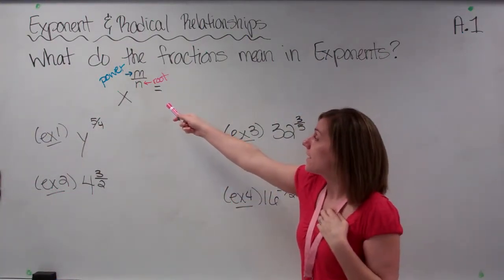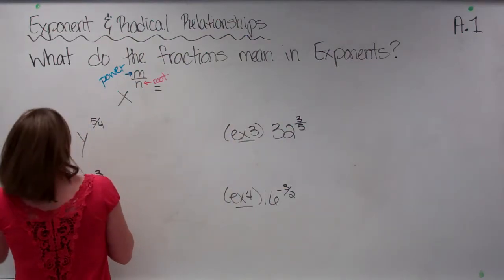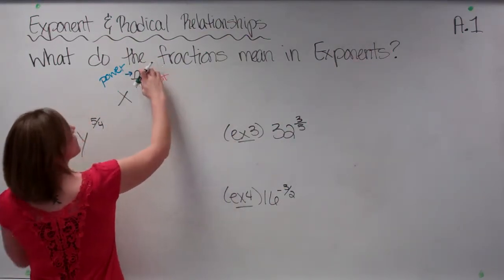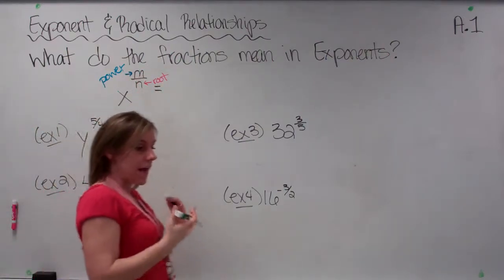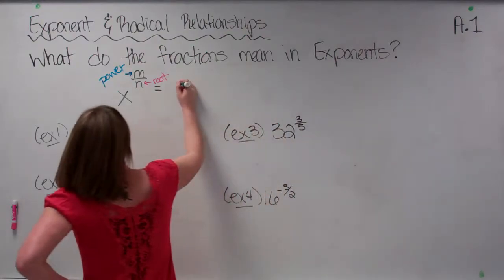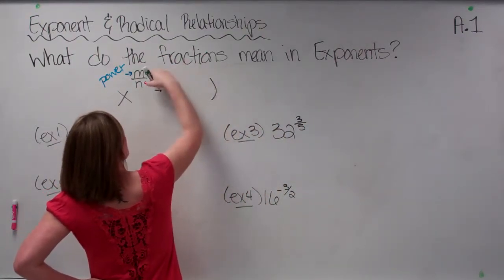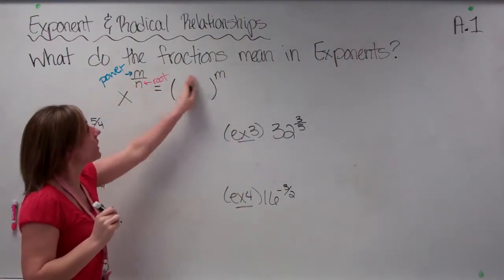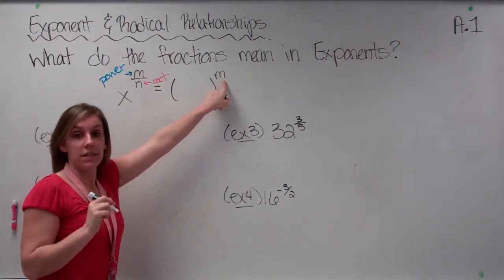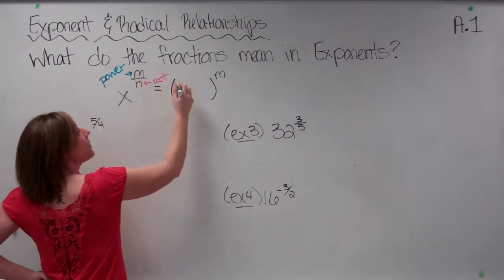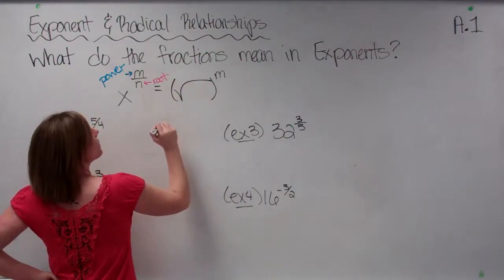So the way that we can actually rewrite this is instead of looking at it as just one big exponent, we actually can rewrite it as a root and then a power. So the power goes on the outside, just like normal. So whatever we get in here, we actually take it to that power. And then in here, when you look at the denominator, that tells you what root to do.